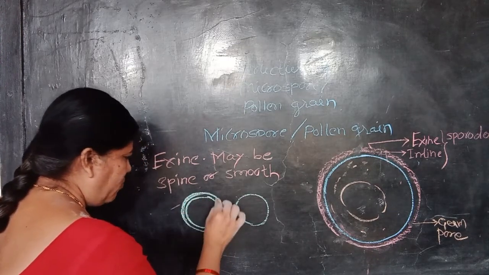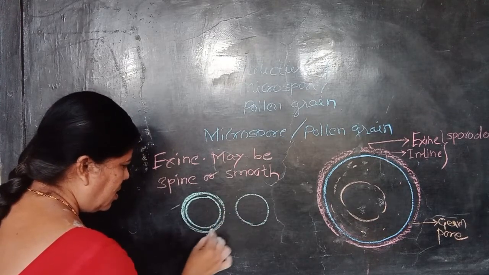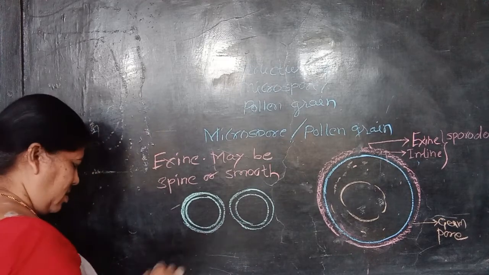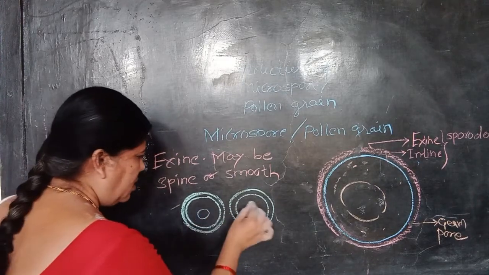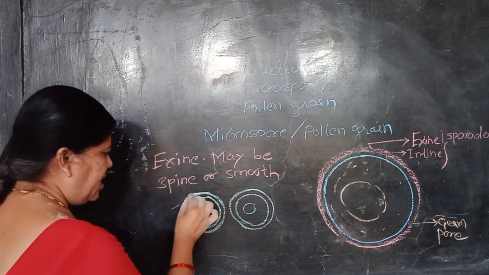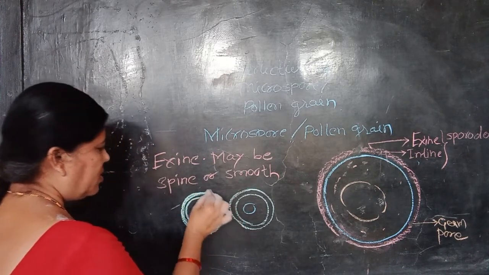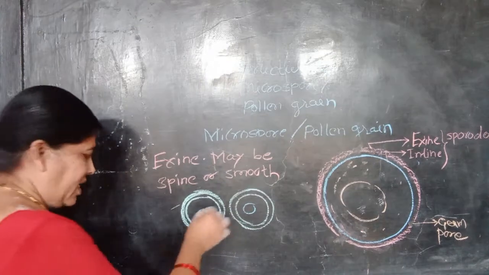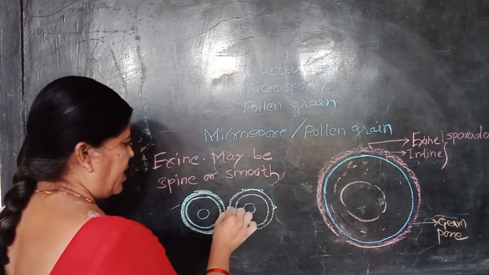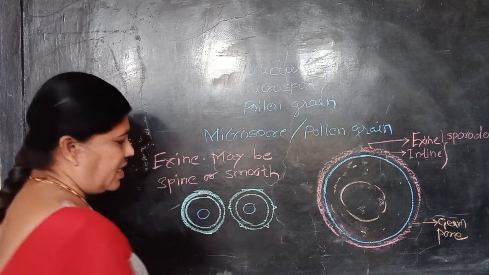This is exine of pollen grain, and this is also exine of this pollen grain, and nucleus. See, in the first case, exine is smooth, but in the second case, exine is spiny, like this. These are spines which are present on the exine.